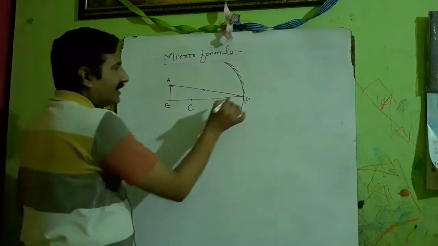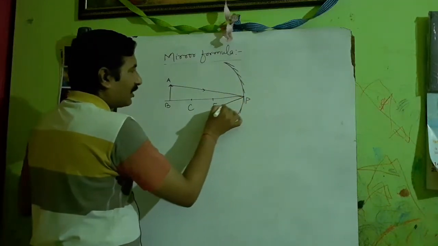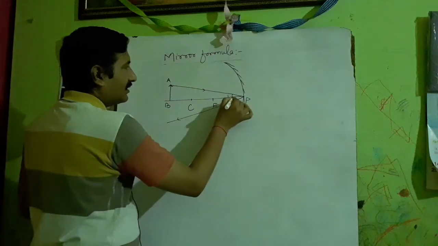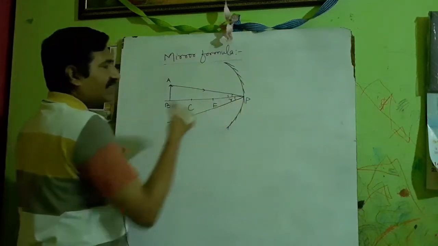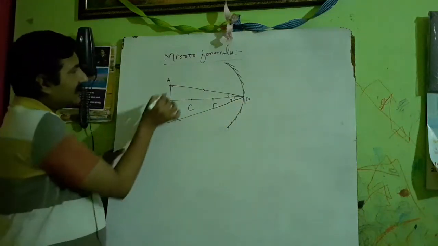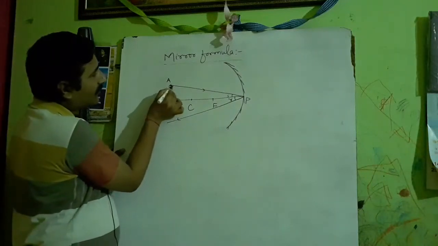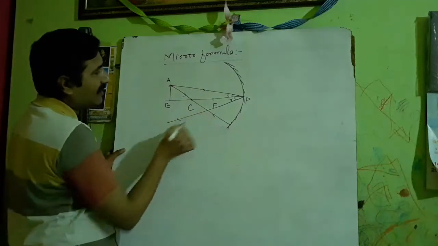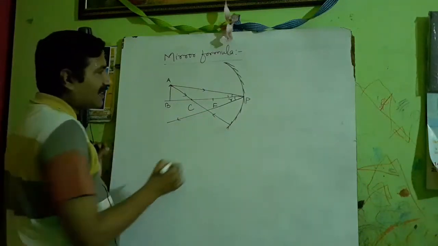From A, it reflects back following the law of reflection, meaning this is angle I and this is angle R, the angle of incidence and angle of reflection. There is another ray through the center of curvature of the mirror which reflects back along the same path.